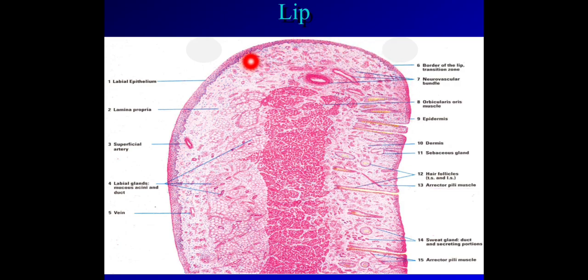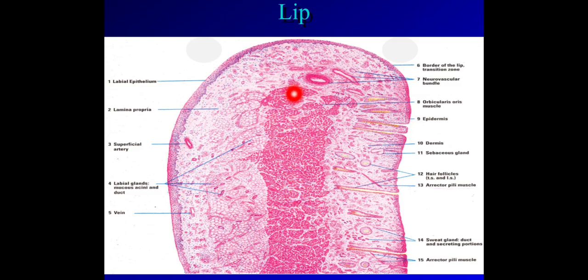When we see this free edge of the lip, underneath that one can find numerous blood vessels. These numerous blood vessels appear reddish in color. The color of these red blood vessels is reflected here, so this is the red zone. Okay, underneath that, in the central core, there are a number of muscular fibers.